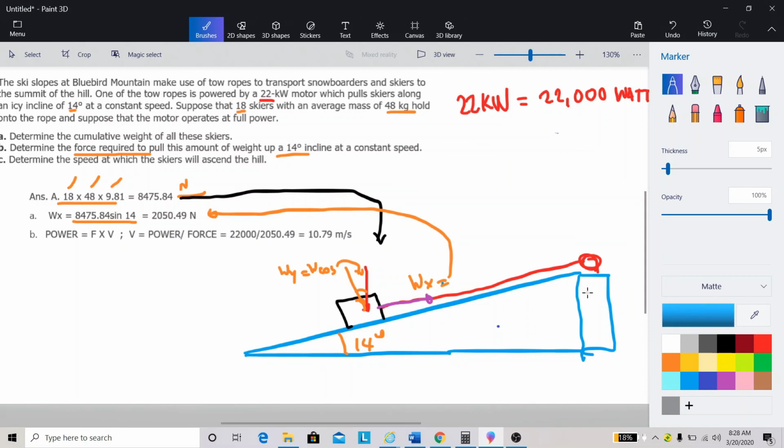Let's not forget our basics and foundation. If the force is perpendicular to the displacement, then the work done by that force is equal to 0.